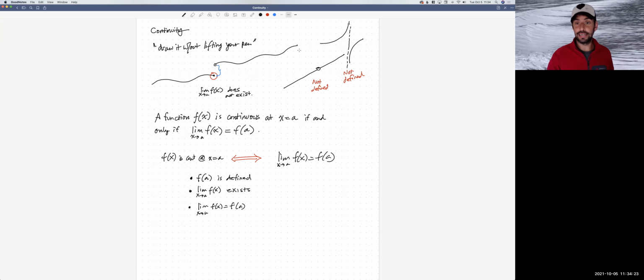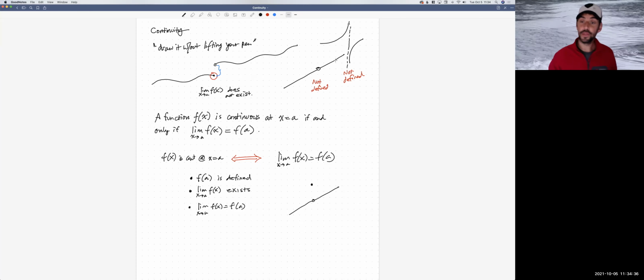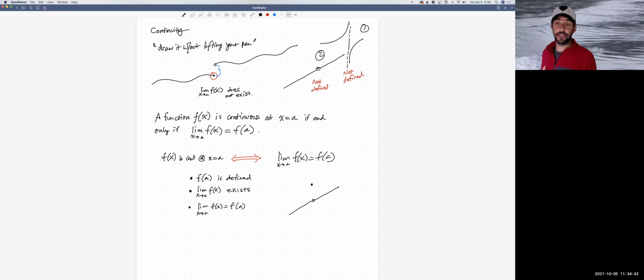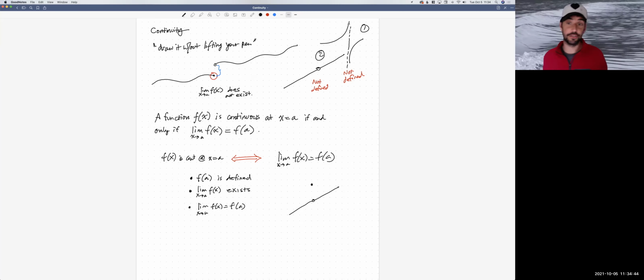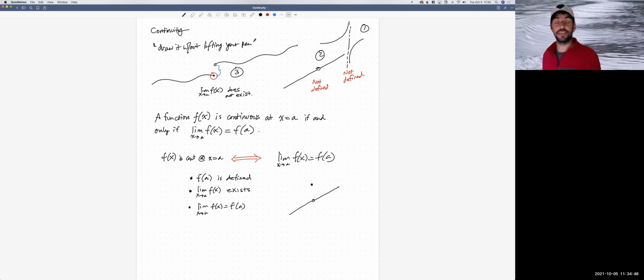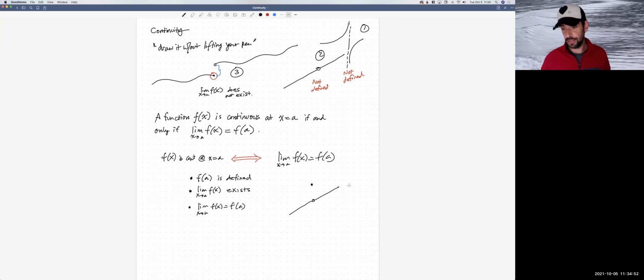So let's look at this one where I have, well, something similar. Suppose I have something like the one I drew above where we have a hole, but instead of a hole, we just have the function defined somewhere else, right? So these two cases up here, I'll mark them 1 and 2, were cases where the function doesn't exist. That's why we didn't have continuity. This case 3 was a case where the limit didn't exist, so we couldn't have continuity.